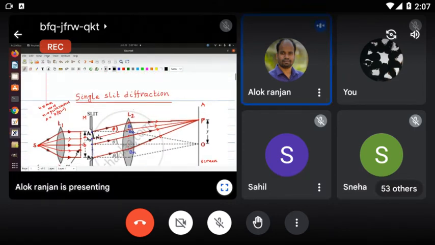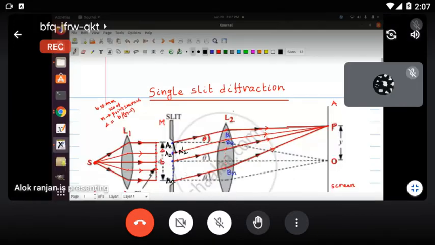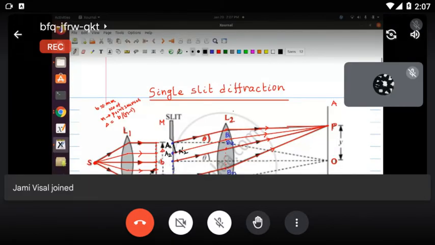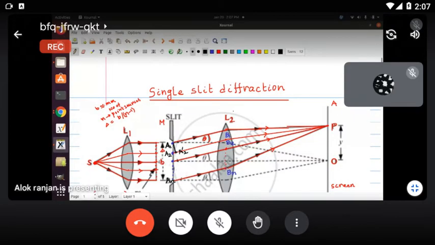So in the last class, we did study extensively about diffraction, in fact the elementary ideas behind diffraction, and then we concluded that there are two different types of diffraction. One is Fresnel, and the second one is Fraunhofer.